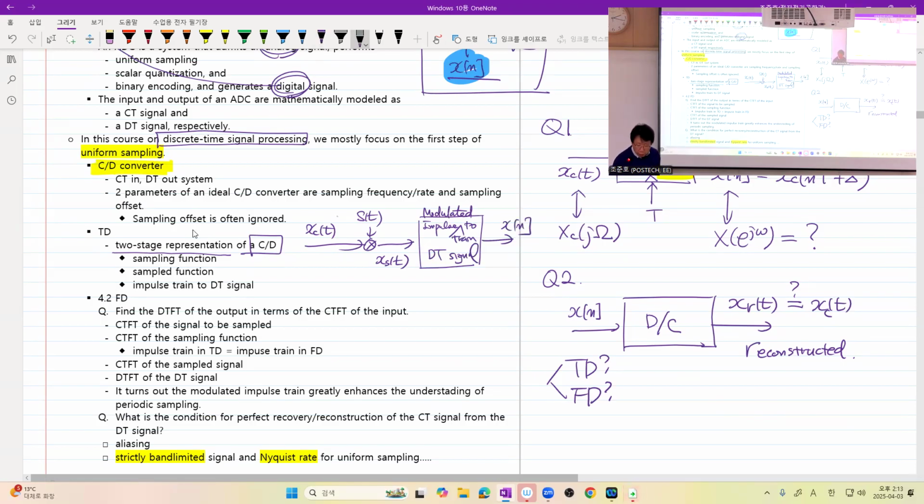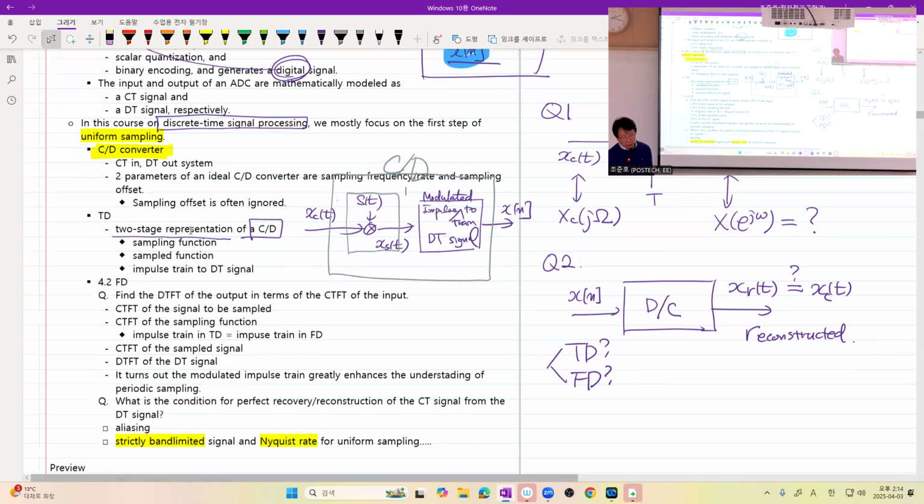So we have two subsystems serially interconnected inside a C2D converter. And one good thing about introducing this kind of intermediate signal, which is a continuous time signal, is that it greatly enhances the understanding of these relations. And we will see.